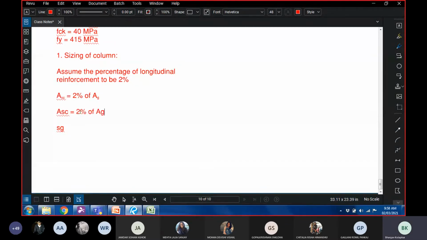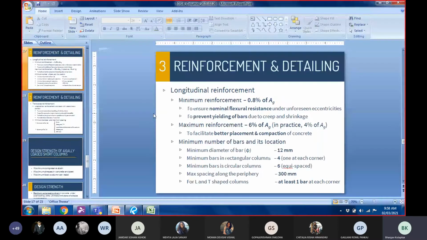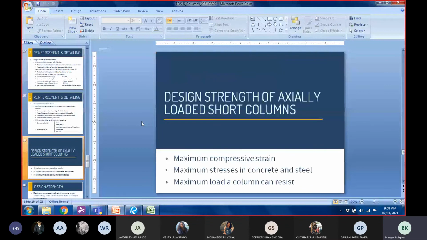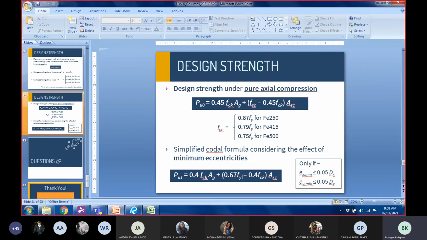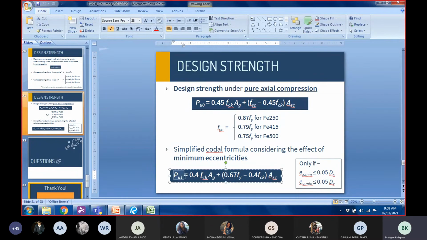I can rewrite this as 2 by 100, which is 0.02 times Ag. Asc is 0.02 times Ag. Now, what else do we know? We also know this equation that helps us get a value of the actual load.